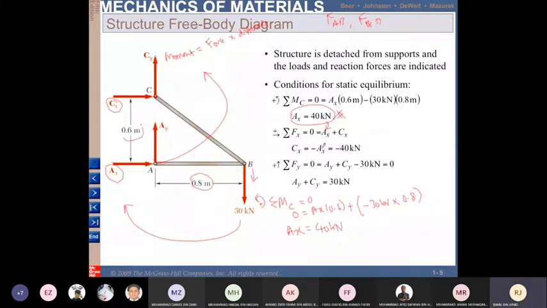So CX equals minus AX, so CX equals minus 40.